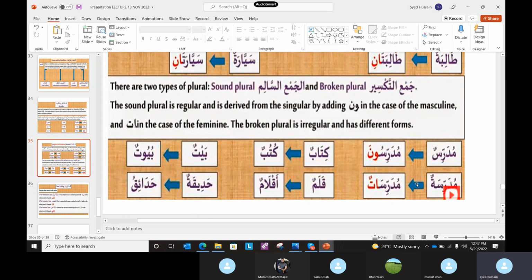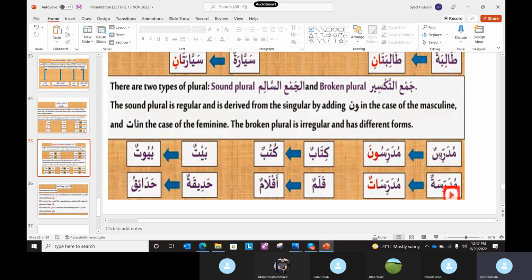Now mudarrisatun, mudarrisatun, kalamun. You see, aklamun is completely broken. Hadiqatun, hadaiqu. And here, only one thing you understand. You see here that kaf, ta, and ba is already there. Ba, ya, ta is already there.